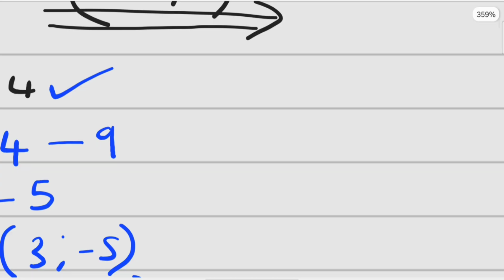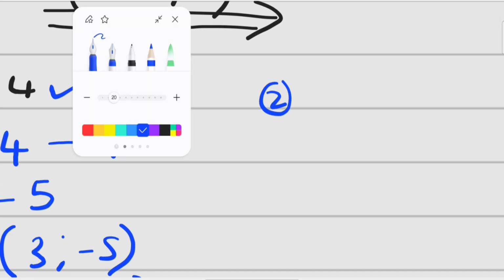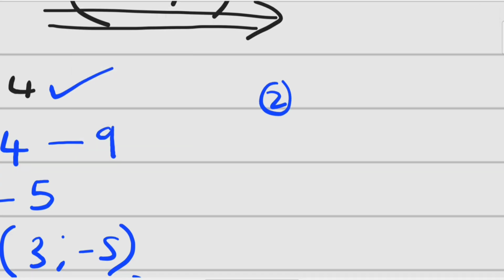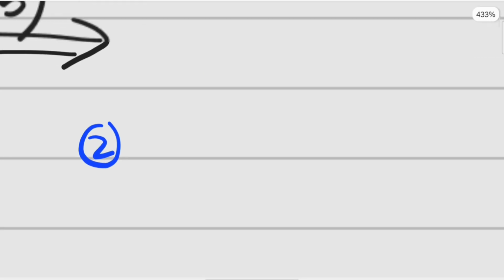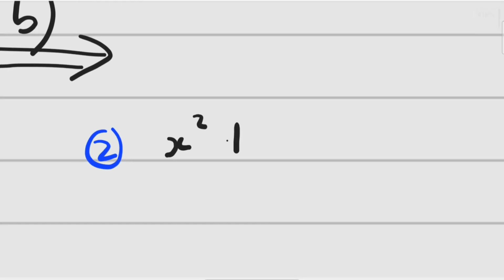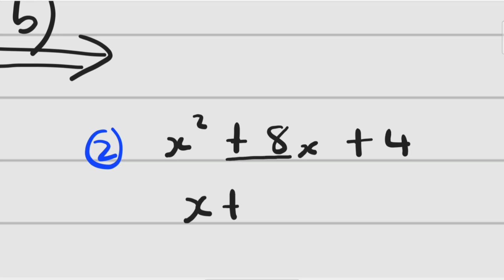Let's do another one. So for the second example, let's use x squared plus 8x plus 4. Looking at this, we can see that the coefficient of x squared is 1 already, so we can go ahead and write x plus half of this, that's 4. I put a plus here because there's a plus here.